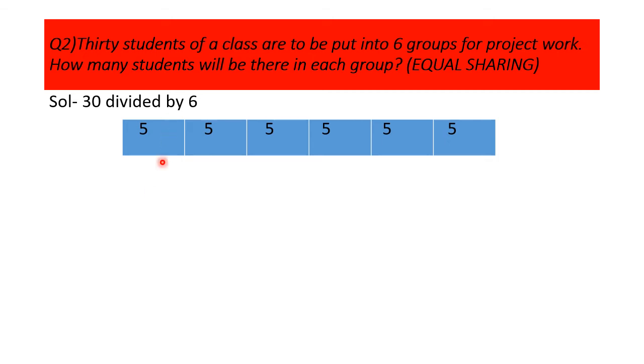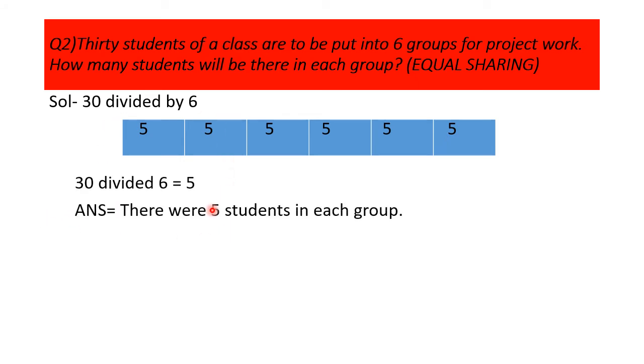That means we will have 5 students in each group. So when you add 5, 6 times, you will get 30, or 5 multiplied by 6 will also be 30. So 30 divided by 6 would be 5, and there were 5 students in each group.